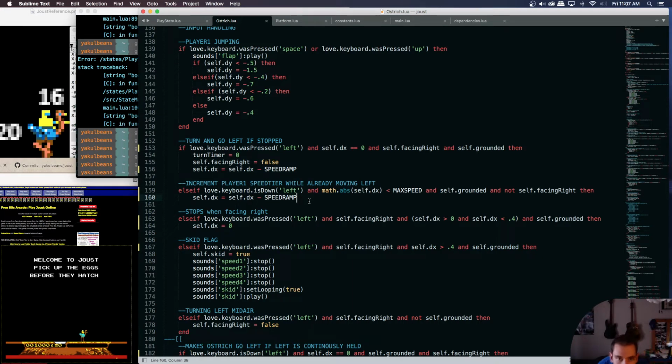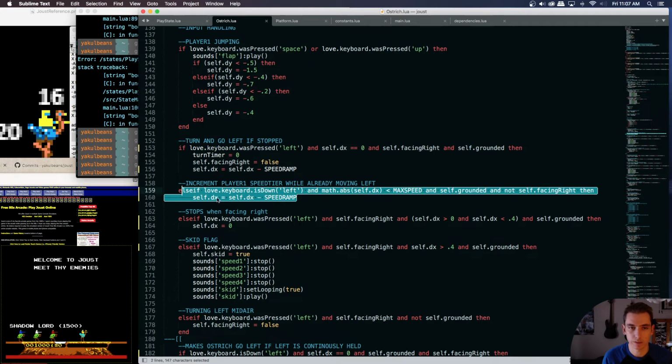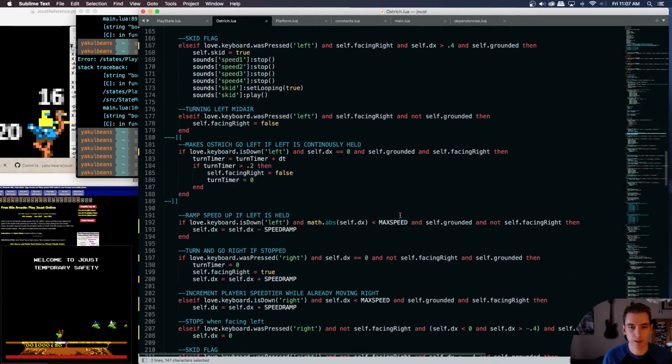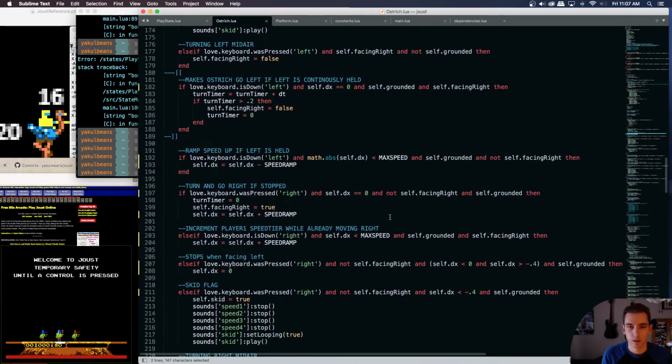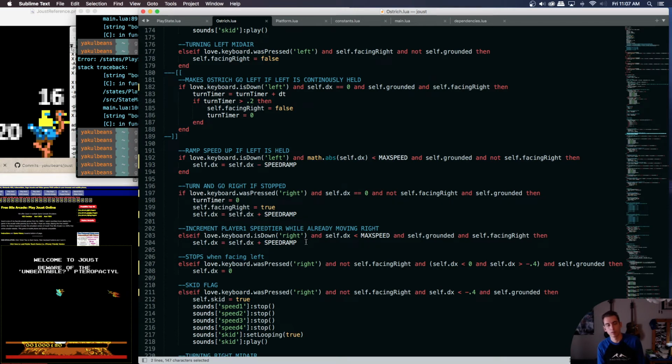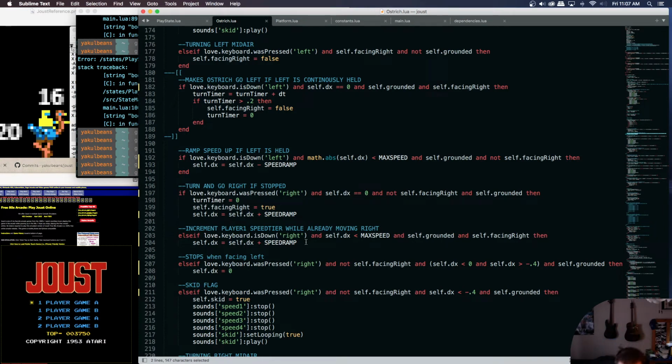So the problem is when we're holding down both of them, this one is giving it a negative dx, and this one is giving it a positive dx. And they're both fighting one another.